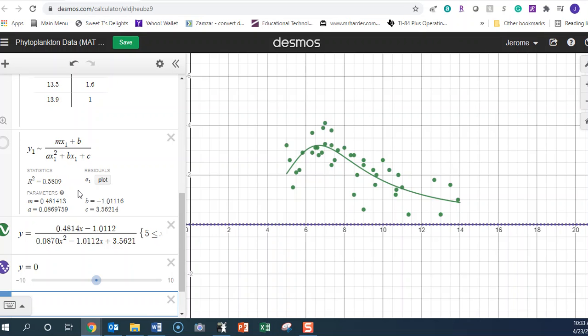It says use the r squared value, not r, to discuss how well the model fits the data set. Now we know with r and r squared, the closer it gets to +1 or -1 means that it's a very good graph. Now this right here is almost at the halfway point, so it really doesn't fit the data that well. And you will have to discuss that in your conclusion.